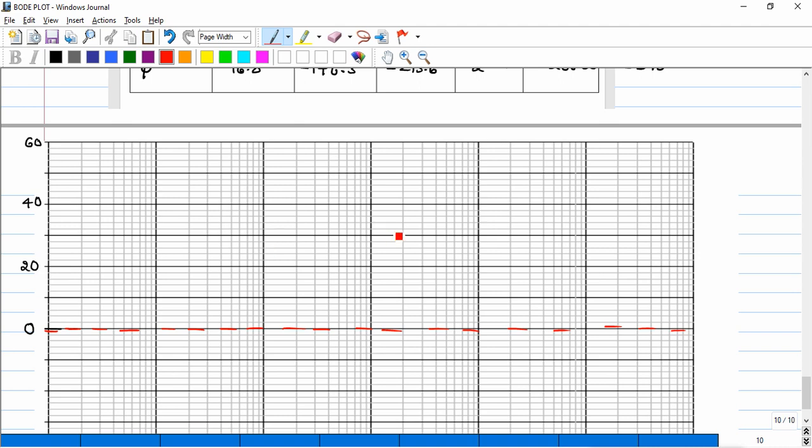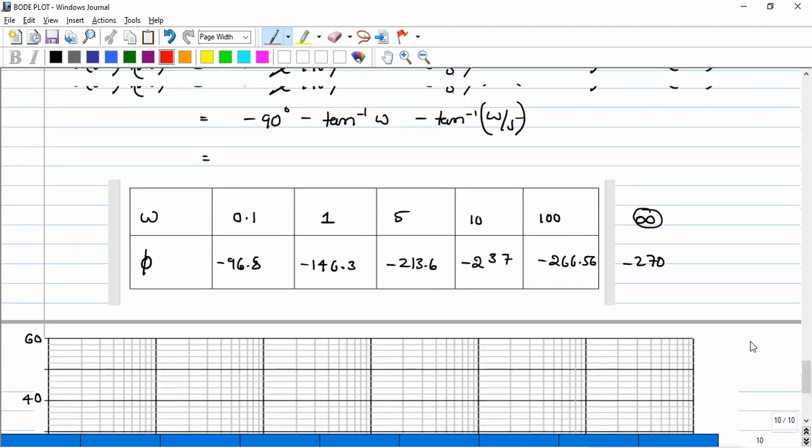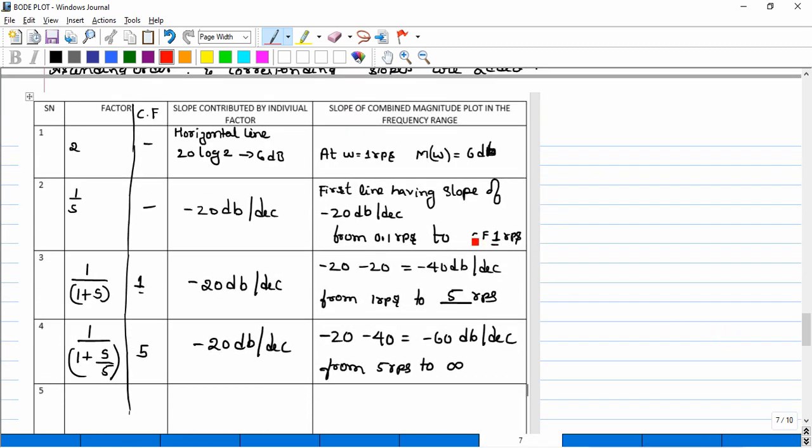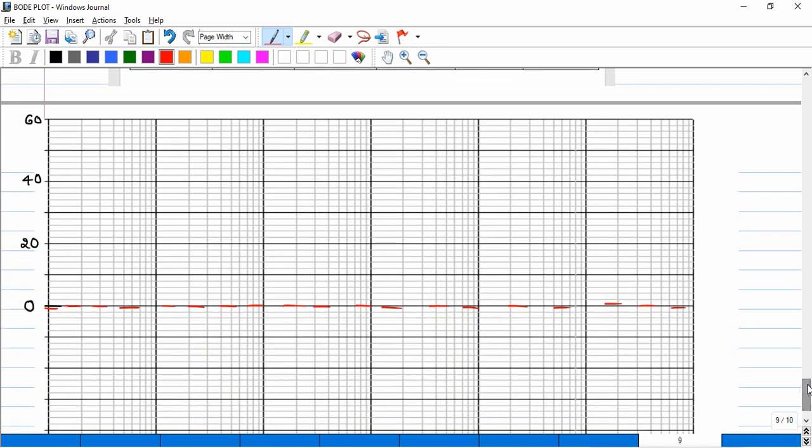magnitude plot. So if you see here, our slope is starting with minus 20 dB. Let me write here minus 20 followed with minus 40 followed with minus 60 dB and all are negative. And you need to draw a construction line.